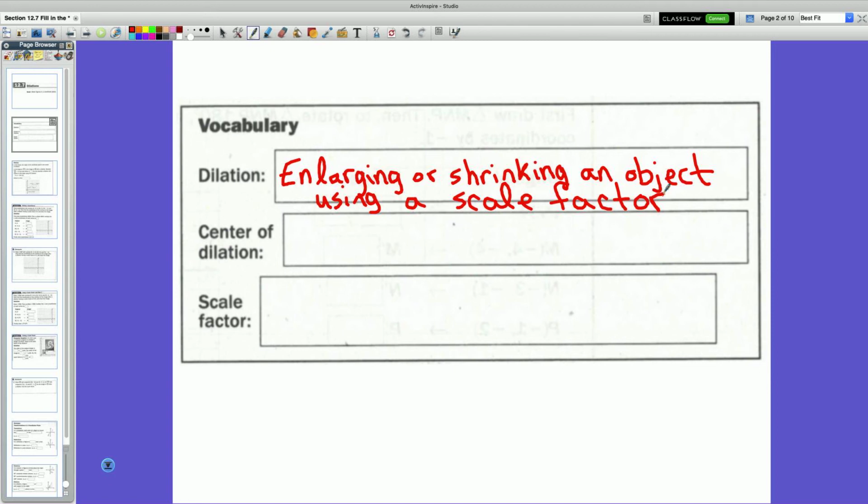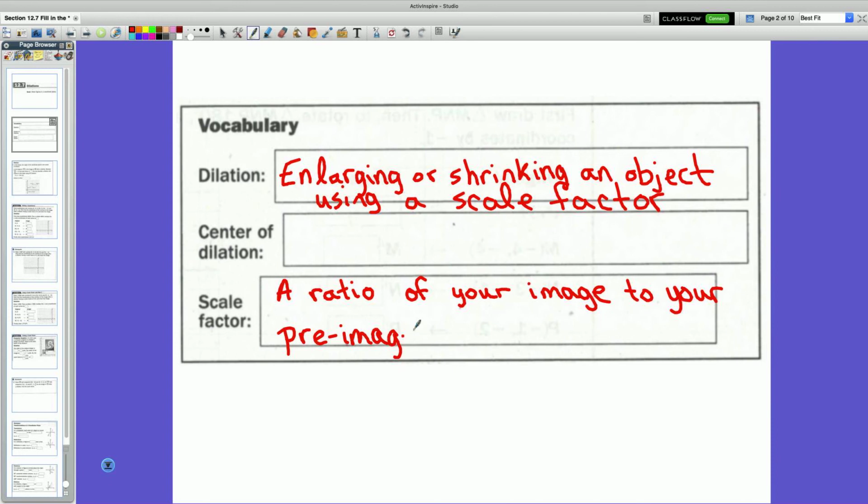So, what is a scale factor? Well, a scale factor is a ratio of your image to your pre-image. And remember, image is what you end with, pre-image is what you start with. So in other words, you're creating a fraction that has the new thing over the old thing.